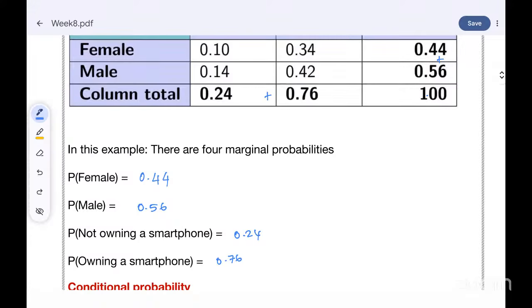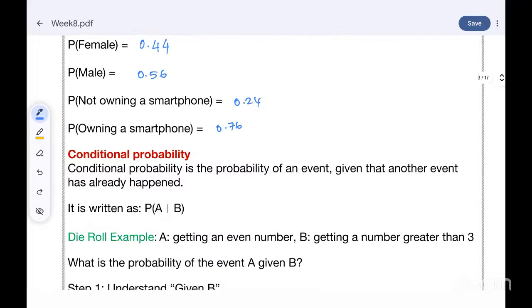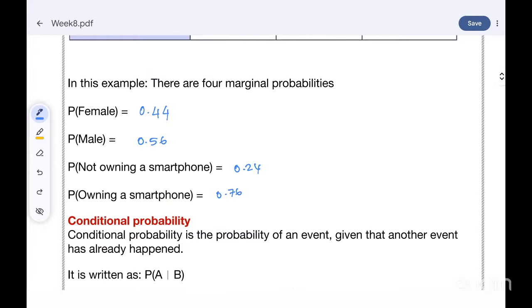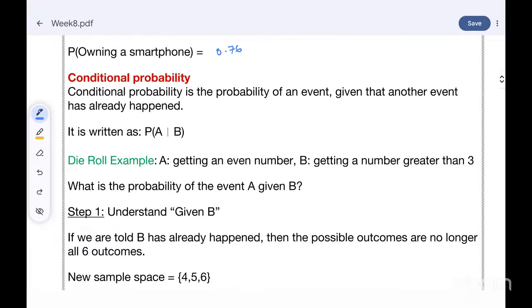Now the next topic is conditional probability. Conditional probability is the probability of an event given another event has already happened.